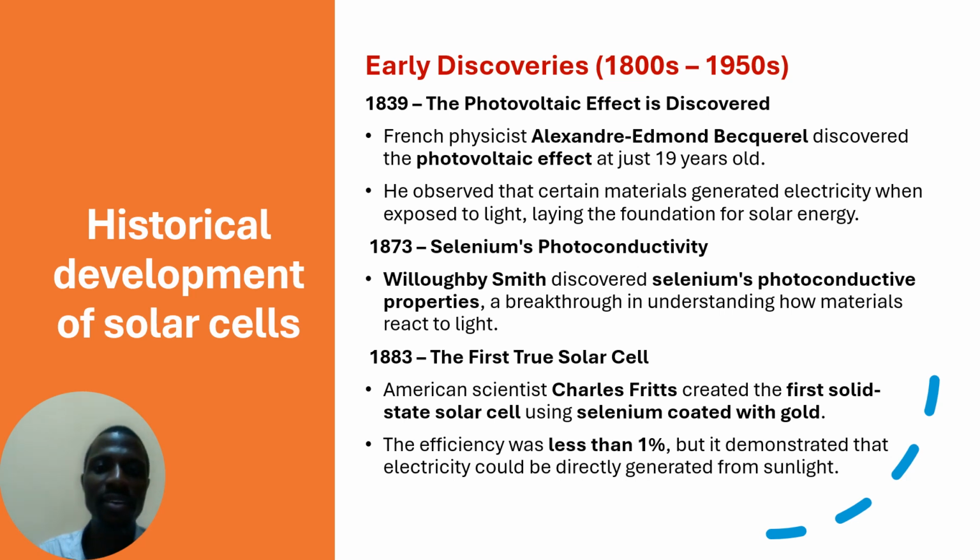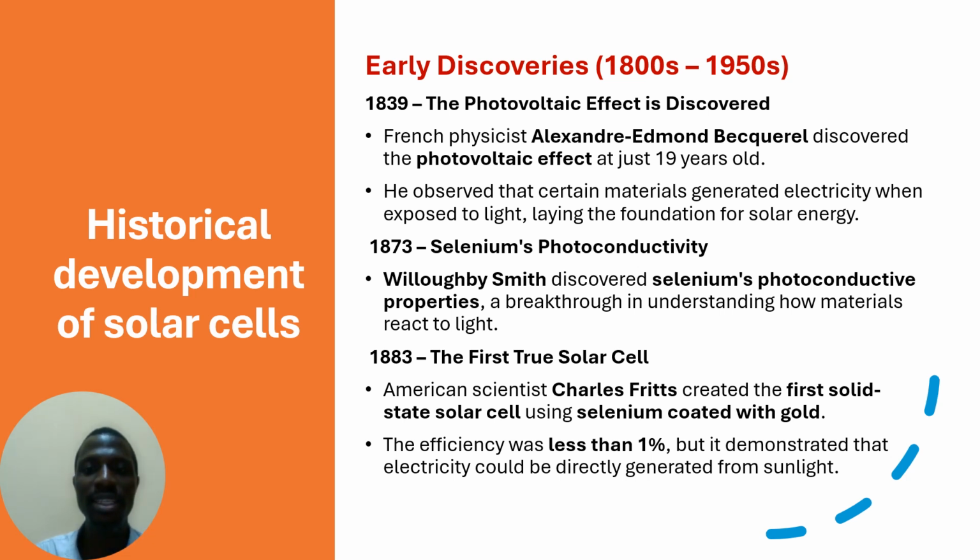And by 1873, selenium photoconductivity was discovered by Willoughby Smith, and this was a remarkable breakthrough in understanding how materials react to light. By 1883, the first true solar cell was made by Charles Fritts, who happens to be an American scientist.